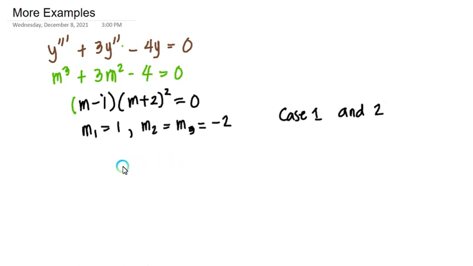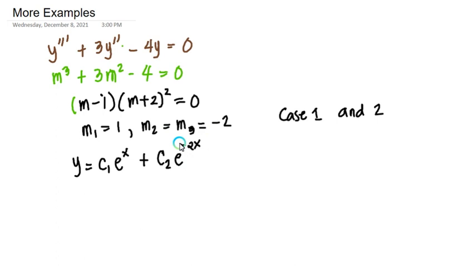So, our general solution is y is equal to C1 e raised to m1 x, which is just 1, so we write x. Plus, the second root is negative 2, so that is C2 e raised to negative 2x.